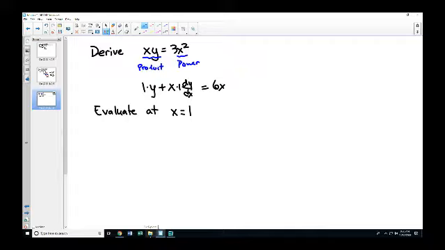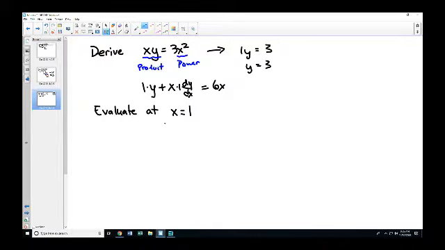Sometimes you're not given a y value. So if you evaluate the derivative at x equals 1, how can you find the y value? We have to plug 1 into the original. What does y equal? 3.